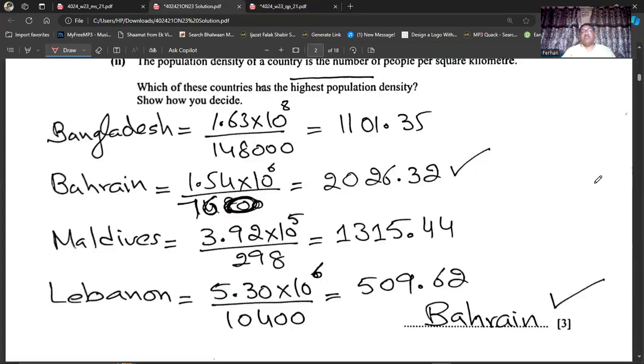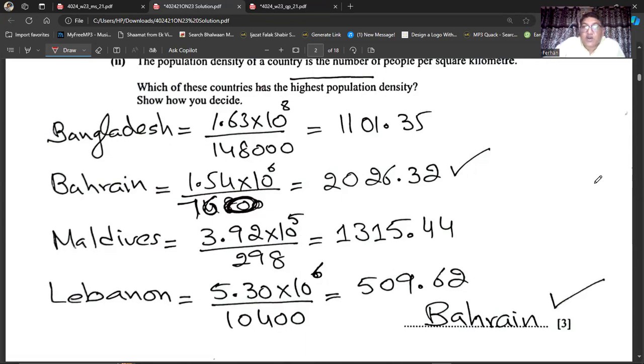Maldives, the population is 3.92 expo 5, and you divide it with this area, that is 298 kilometers square. You will get 1315.44. For Lebanon, the population is 5.30 expo 6, and you divide it with its area, and that is 10400, and you will get 509.62.